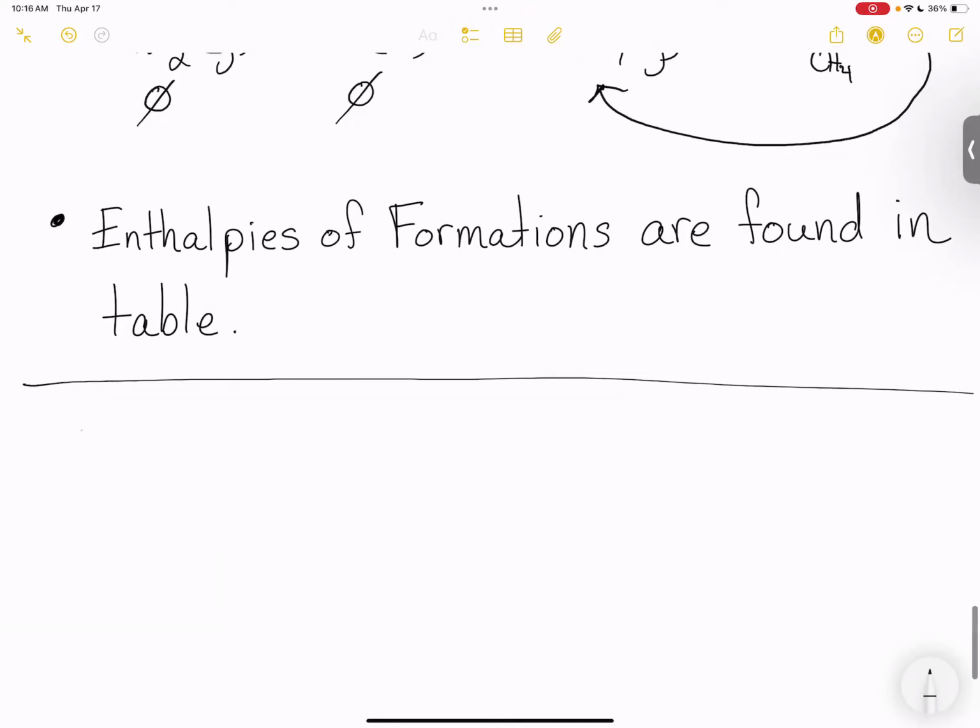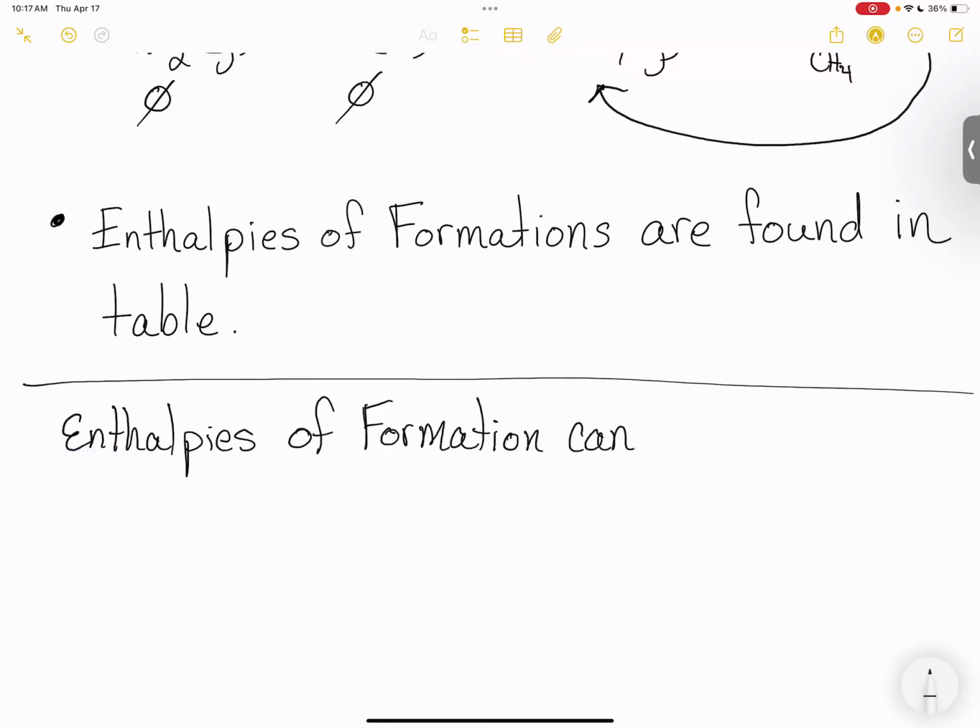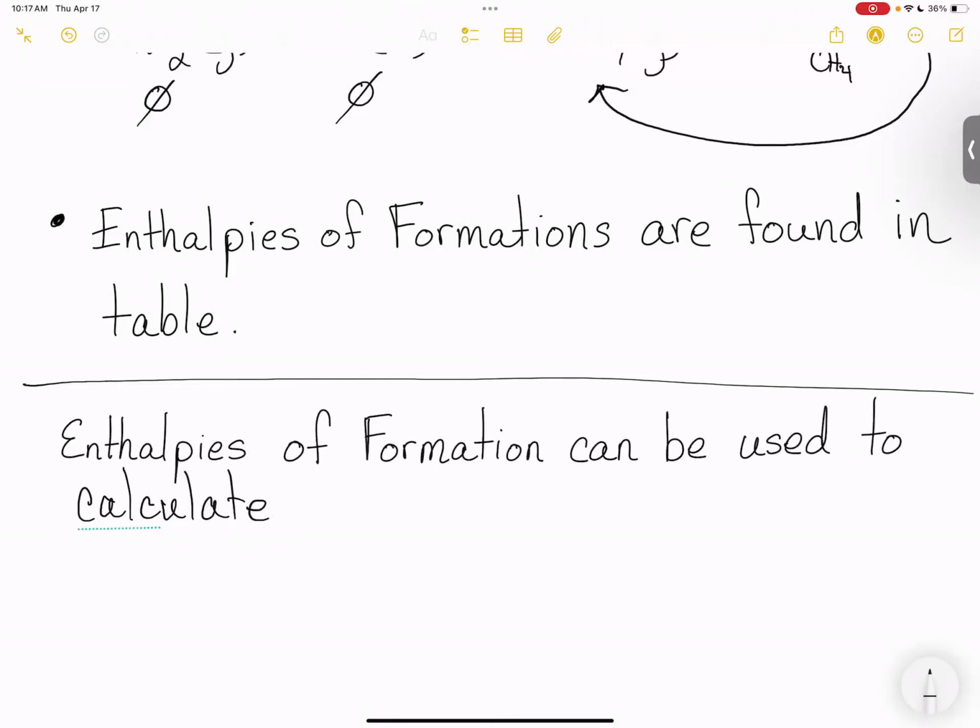Now, enthalpies of formation can be used to calculate, really it's an estimate, but to calculate the enthalpy of reaction.